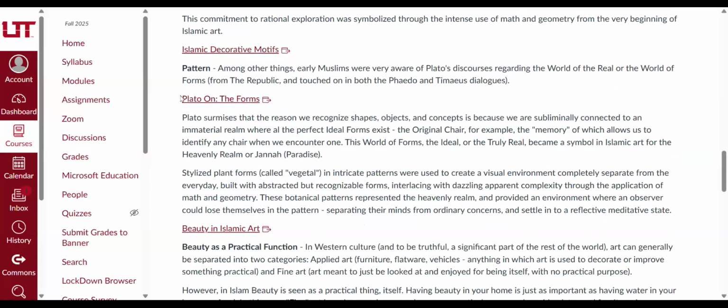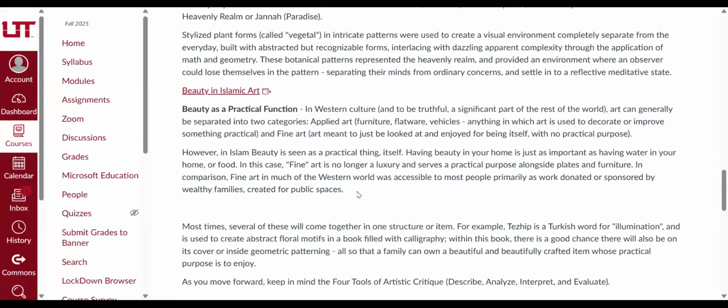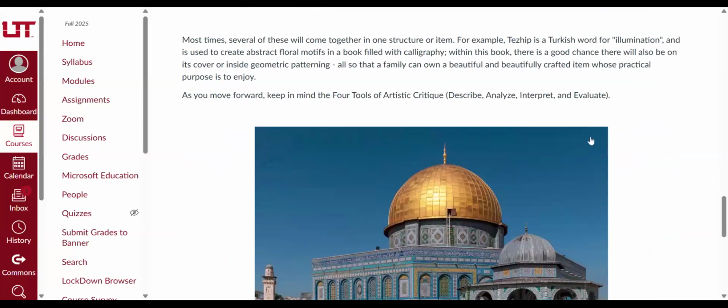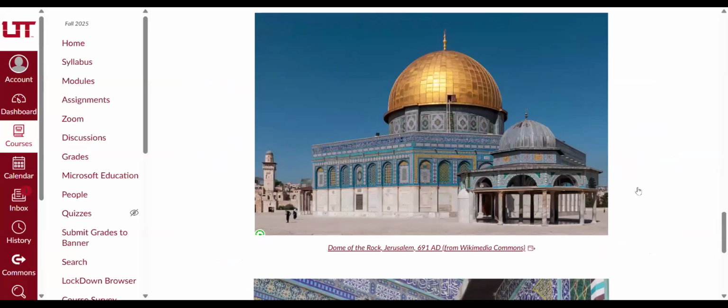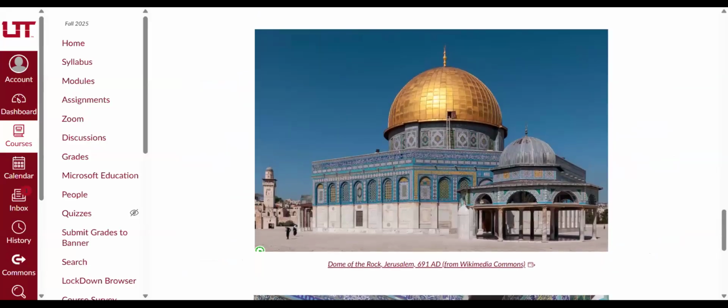I want you to look at this as well. This kind of relates to why patterning is used in Islamic art. There's a heavy awareness of Plato and the Greek philosophers. Because even though the Prophet Muhammad hit the scene at 610, by 690, there were Muslim libraries that had more of these Christian books than Christian libraries did.